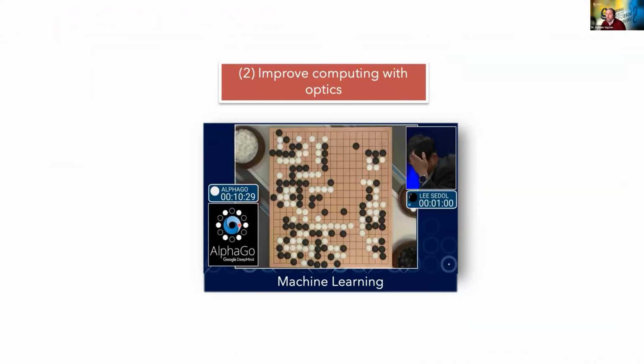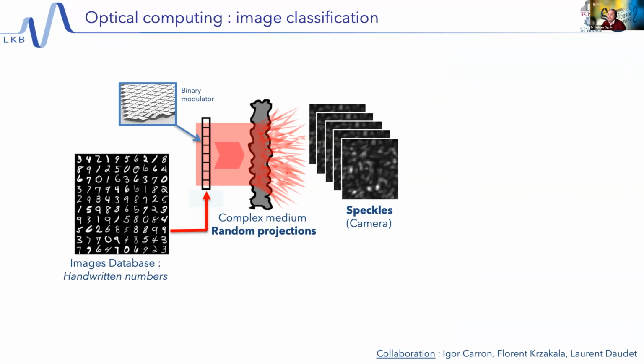So now I just have a few minutes to show you some hints about computing with optics. And what we did was this first experiment a few years back, where we basically display on a modulator some images, which are in this case just handwritten digits, the famous MNIST database.